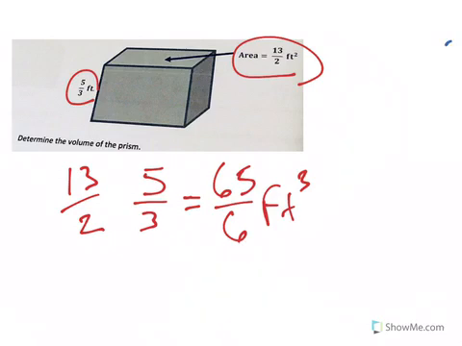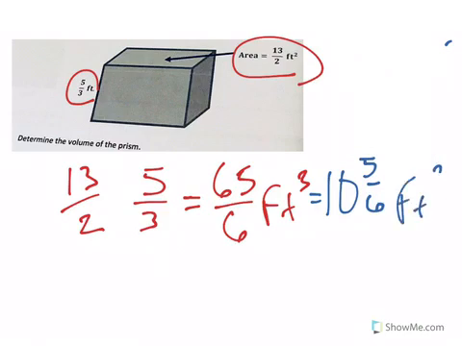Switching to blue, 6 goes into 60 10 times. Between 60 and 65, there's 5. The denominator is the same, so we end up with 10 5/6 feet cubed if we want to simplify.